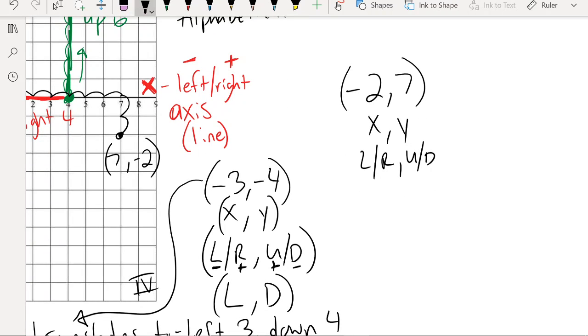I have -2, so I'm going to go left because it's negative, left 2, and then comma. You can think of the comma as a separation of two different directions. The -2 is telling you to do something, and then you take a break, and then you do the next thing.